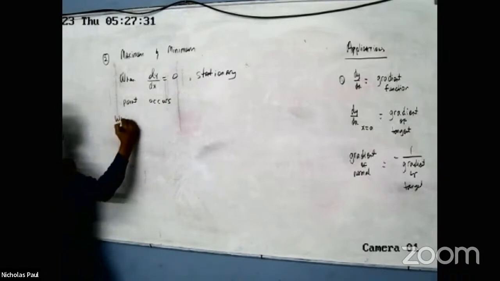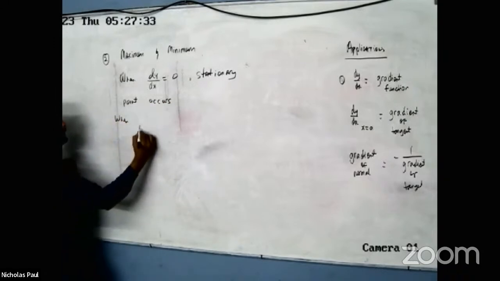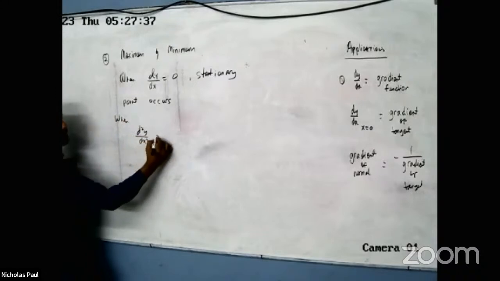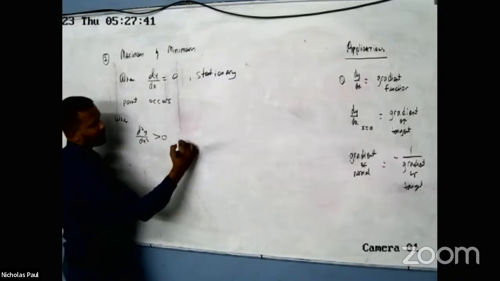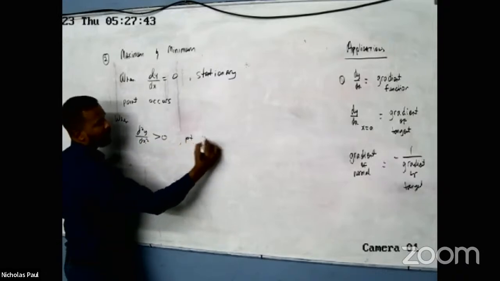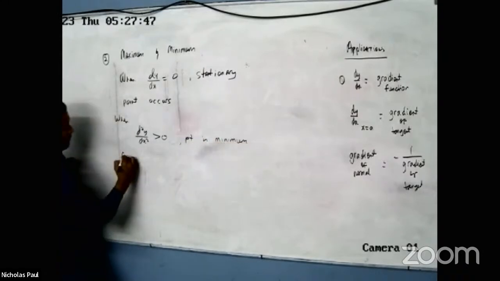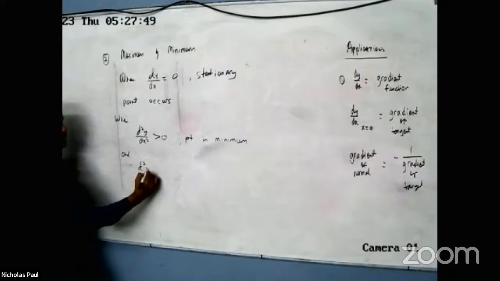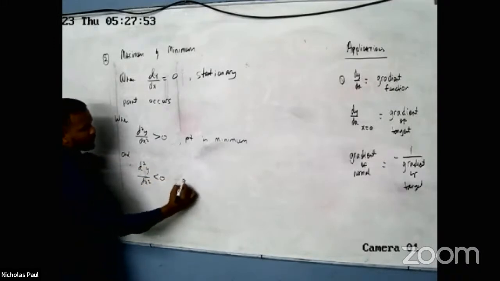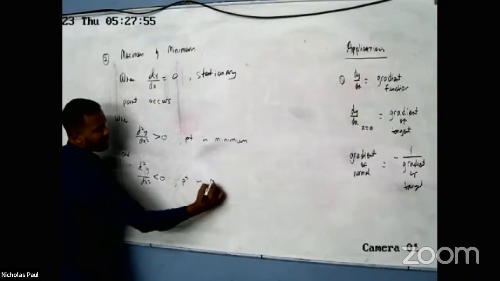And when d2y/dx squared is more than 0, the point is a minimum. And when d2y/dx squared is less than 0, the point is a maximum.